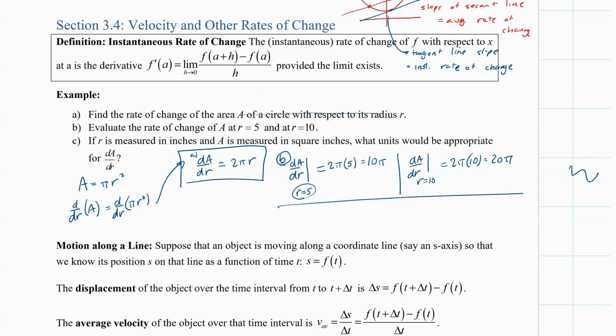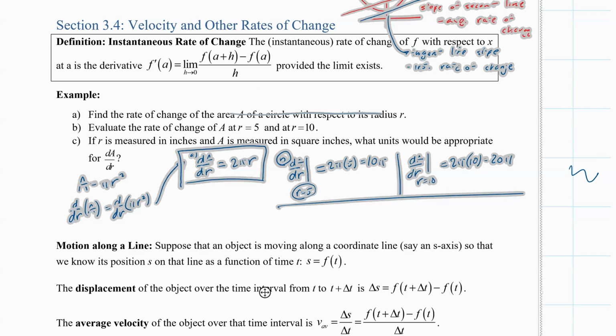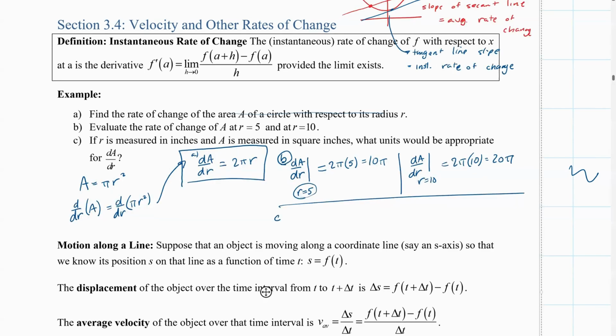Okay, well, the way we do this in part C is we say A is measured in square inches, and r is measured in inches.